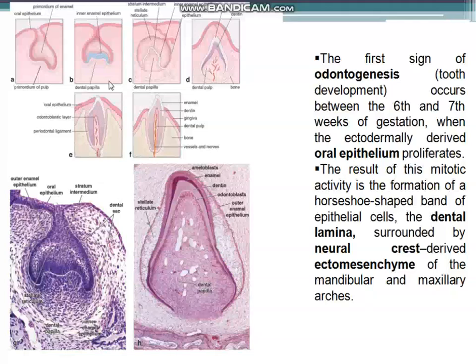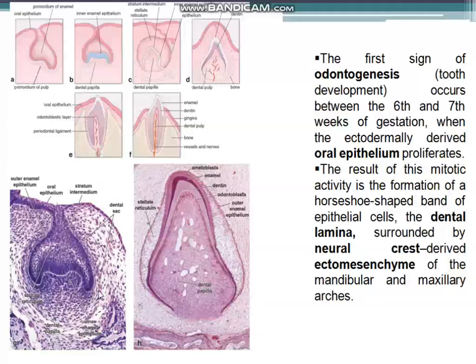Pay attention, they form the root sheath here. In the root sheath, perforations will then form, and those cells will degenerate so that the cells of the dental sac will penetrate through them and establish contact with the odontoblast layer, with the dentinum actually, and they will form cementum here.